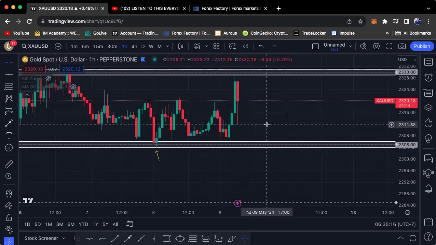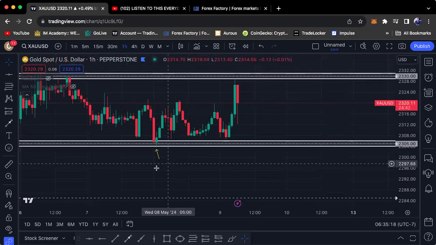Now that I have my hourly zones, I'm going to draw my internal zone.